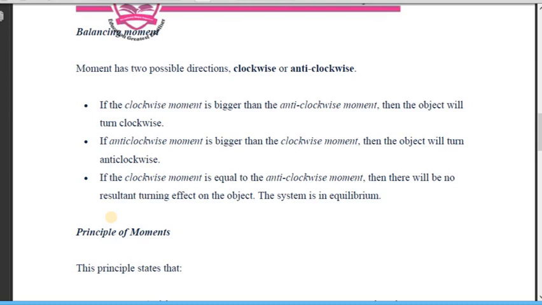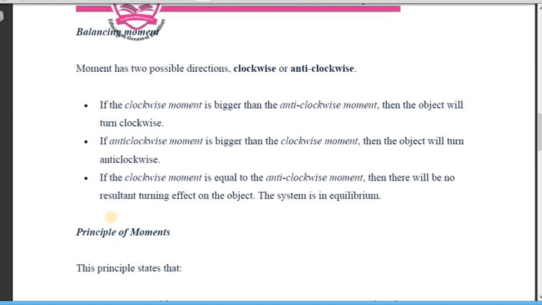When one person sits on one side of the seesaw, they are applying what we call a clockwise moment, and the other person sits on the other side and has an anti-clockwise moment. If the weight of the person on the right side and the weight of the person on the left side, and the distance that they have from the pivot, are equal, then you say they are balanced, right?